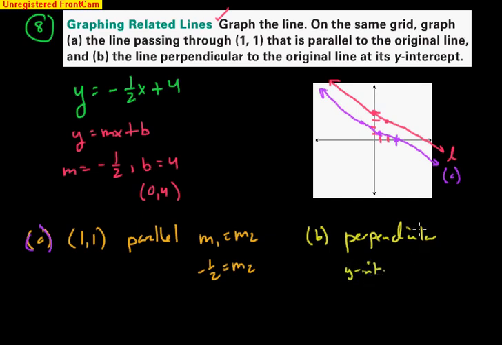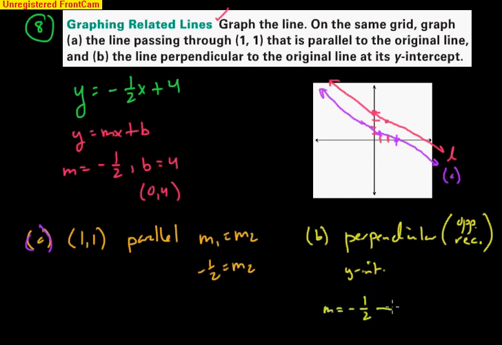Okay. So two things. Number one, we need to know that for lines to be perpendicular, we need opposite reciprocal slopes. So opposite and reciprocal. Opposite and reciprocal.